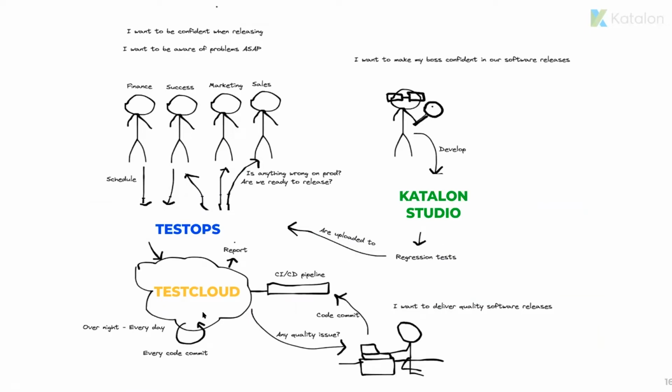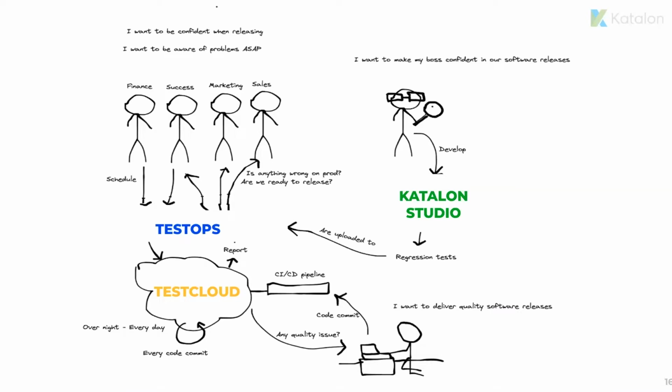And then the report will be available in TestOps. And for the developers, they can use TestCloud to integrate into the CI/CD pipeline and receive the feedback in the fastest way possible. So this is why Katalon claims to be a software quality platform.